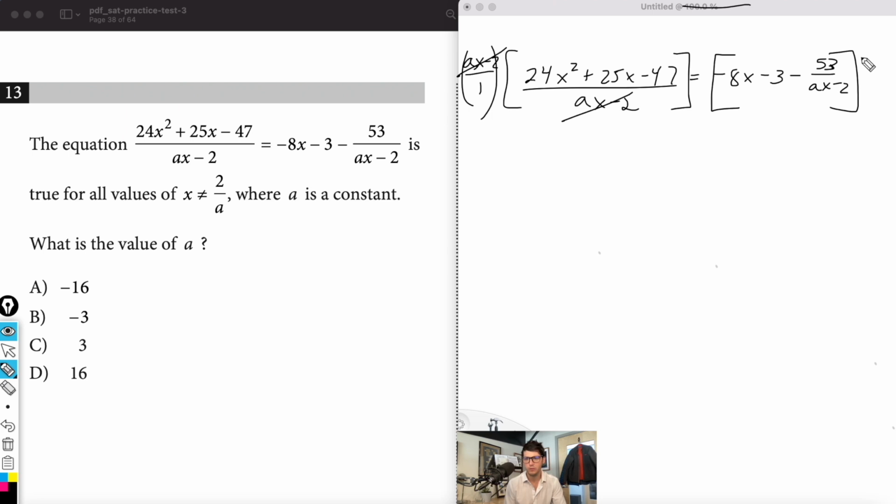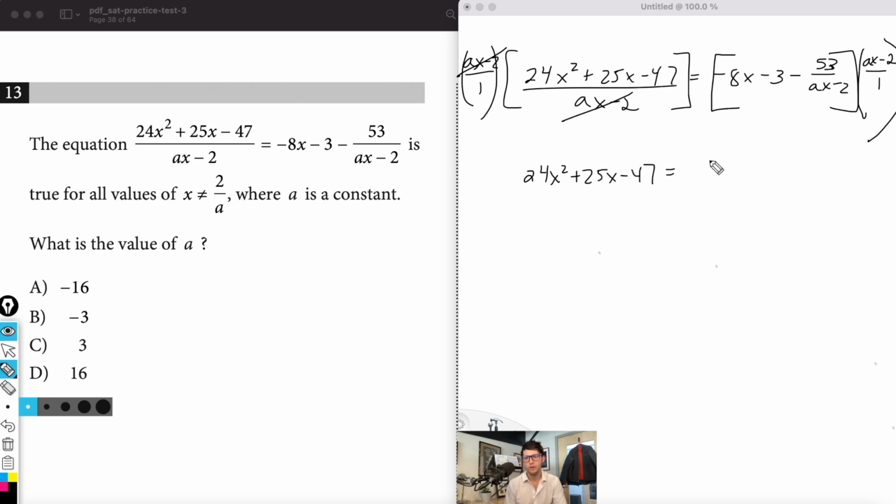So that's going to mean we multiply this side by ax minus 2 over 1. Let me back up and just make that a little bit cleaner, just in case. So we're multiplying all this by ax minus 2 over 1. Okay, so when you do that, what you get is 24x squared plus 25x minus 47. We've gotten rid of the denominator.